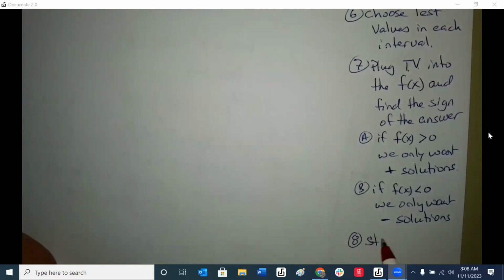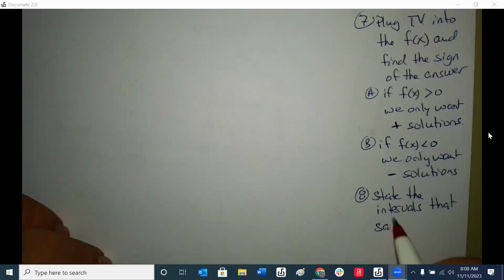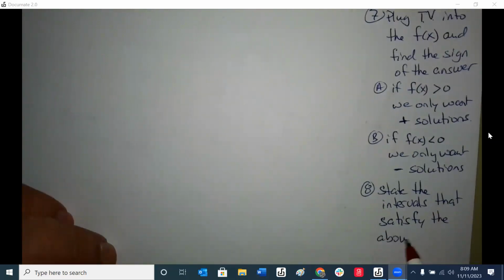And then state the intervals that satisfy the above conditions.